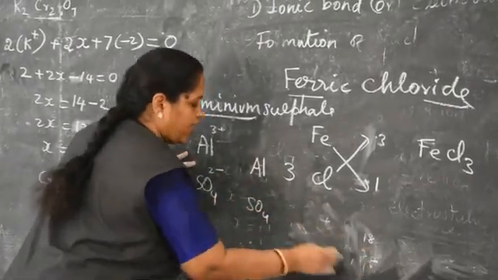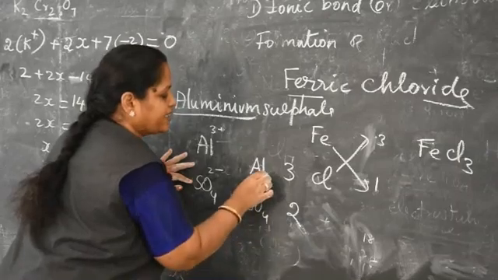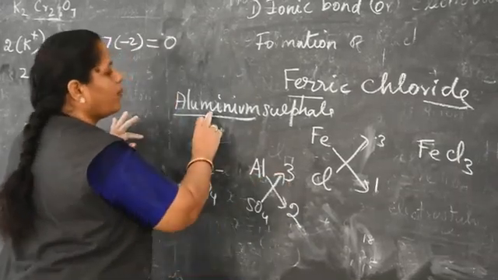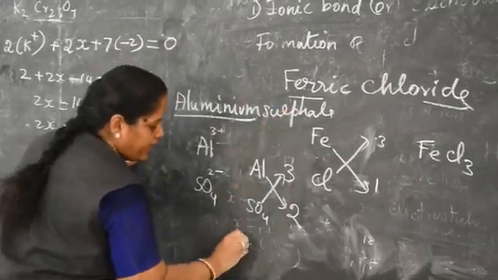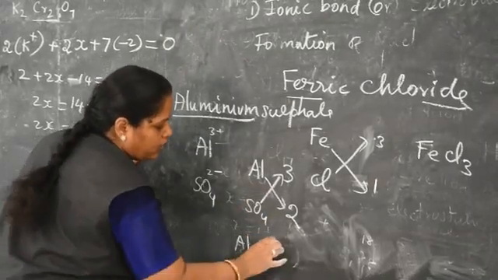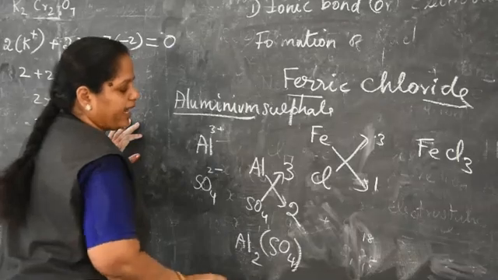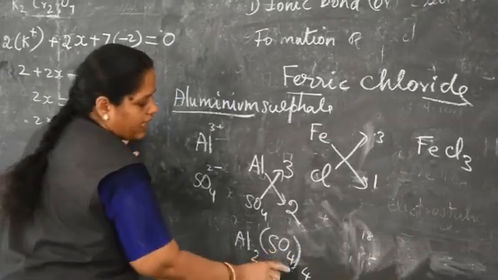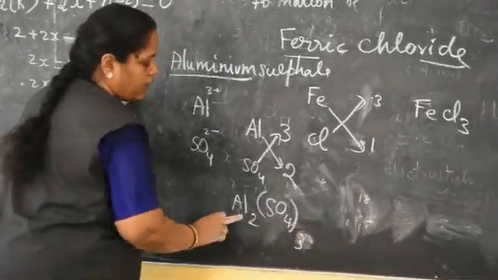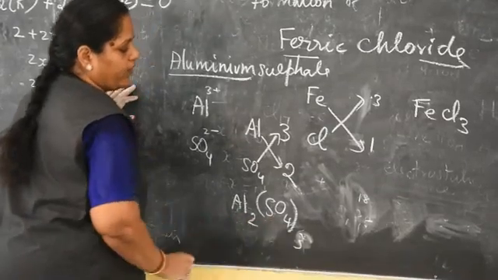You omit charges, so 2, cross it. So what is the formula for aluminium sulfate? Al2, and if it is a compound ion you write it in brackets, (SO4)3. Now this is called aluminium sulfate.